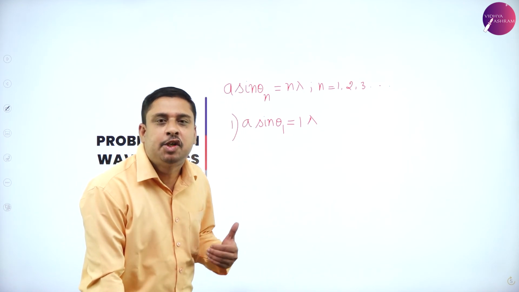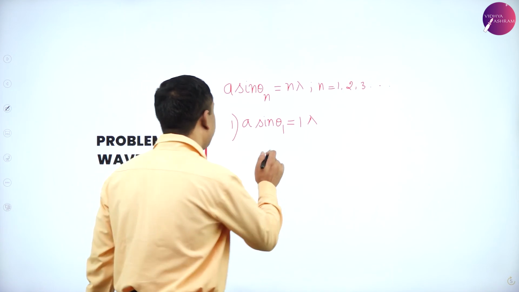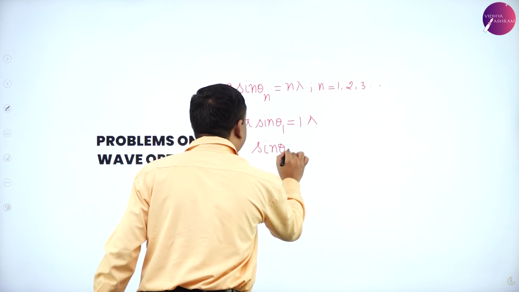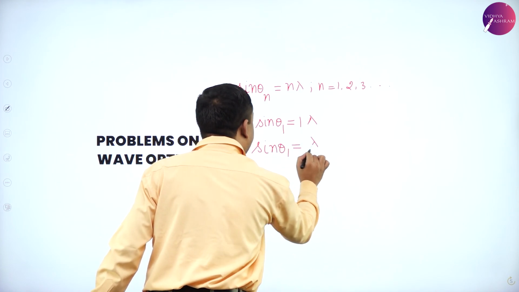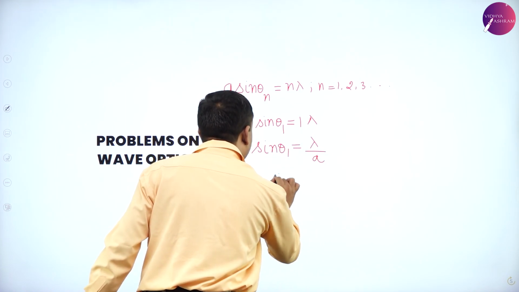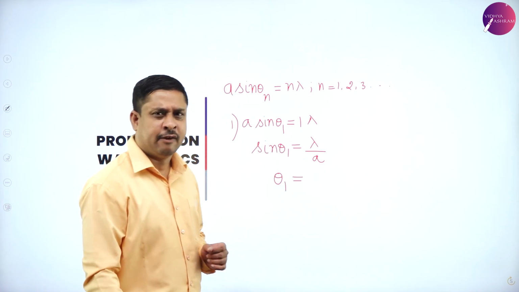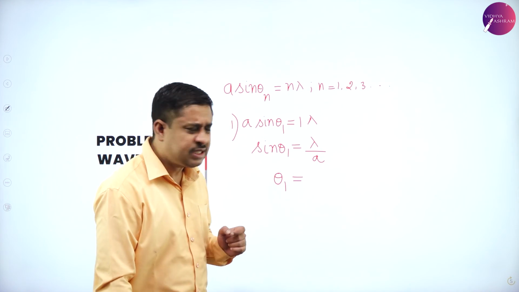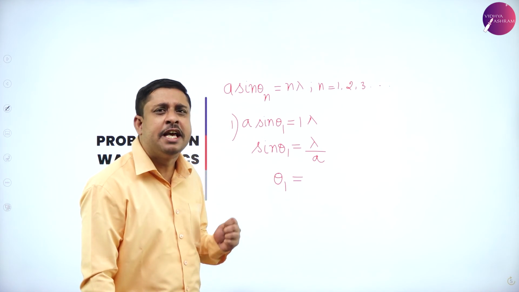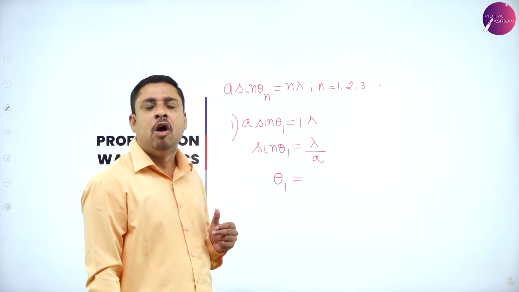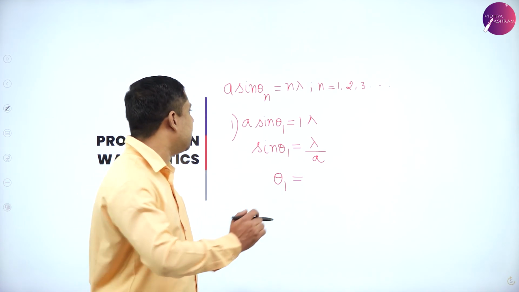First angular position, or sin theta 1 is lambda by a, or approximately, since the width of the slit is very, very small, the angular position also becomes very, very small.